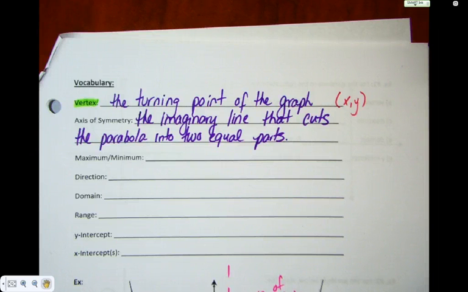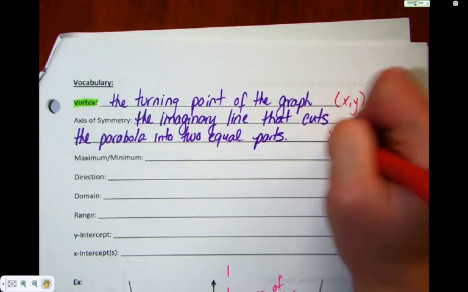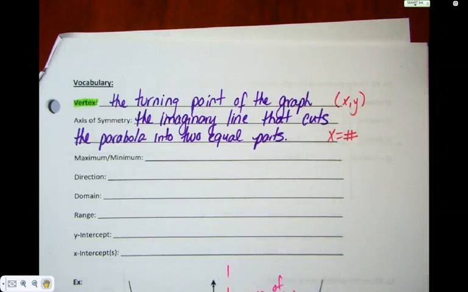It's always going to be vertical until later when you have those sideways ones, and then it's horizontal, but we're not talking about those. And the way we express it is always x equals a particular number, and I'll show you later how to find out what that number is. But because it's a vertical line, that's the equation of a vertical line.